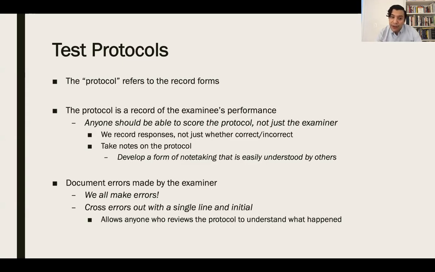We all make errors, and it's really important that we know how to document this on the protocol. And we can do this very simply. If an examiner does make an error, they simply should cross it out with a single line and initial it. And this allows anyone who reviews the protocol to understand what happened, right? Oh, this is the examiner's error.